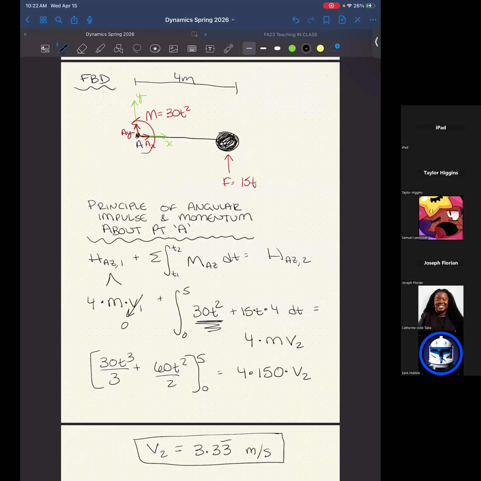But with the linear, did you end up with an i hat equation and a j hat equation? No. I did the integral from 0 to 5 of 7.5t squared plus 15t equals 150 times the velocity. So it was just in the j hat direction? Yes, like if I'm looking at it from the top.